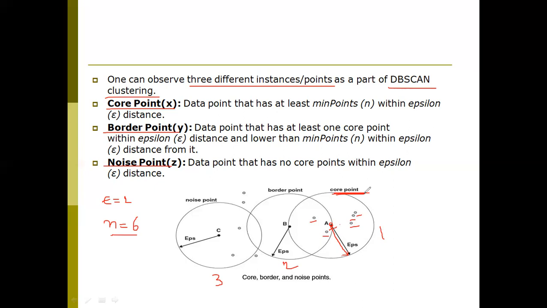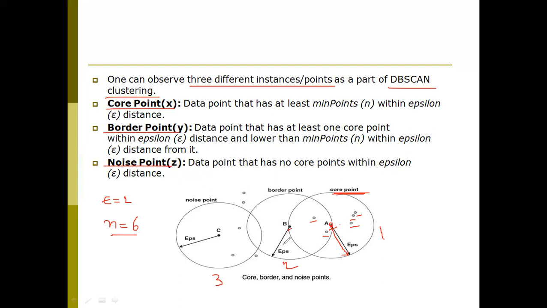After that, again start identifying another center point here. And sorry, here one more point is also there. I think this is another point. 7 points are there here. After that, identifying one more center point, and by taking the epsilon value, you can draw another circle.